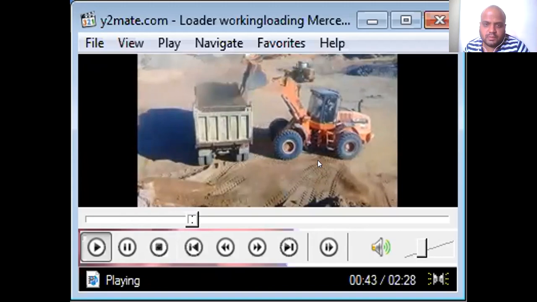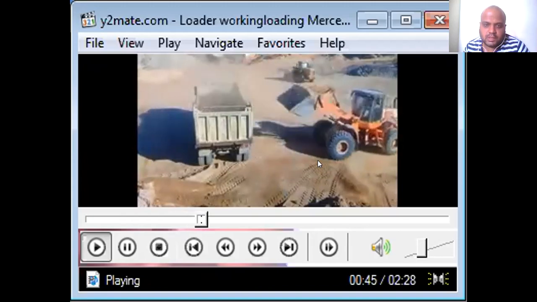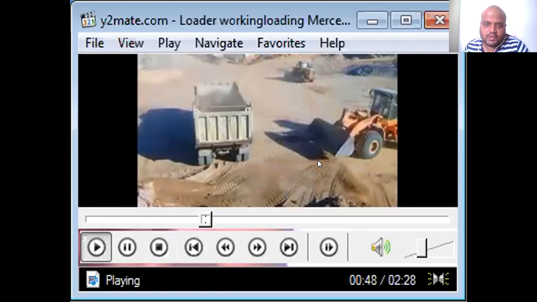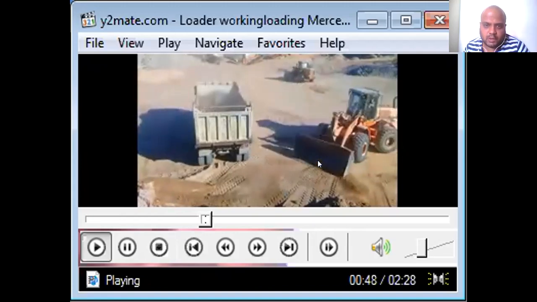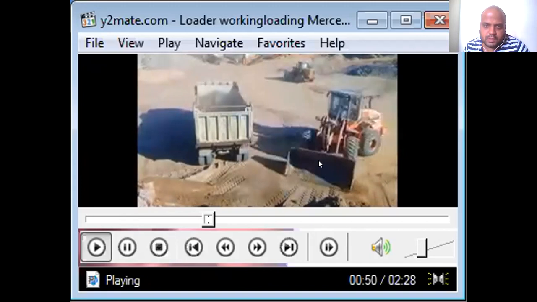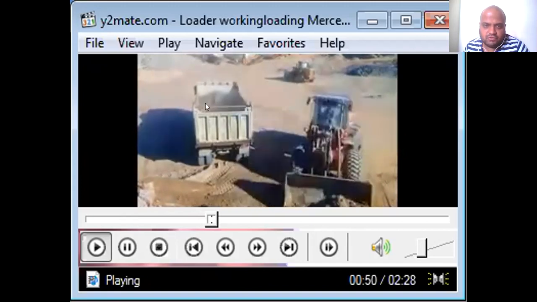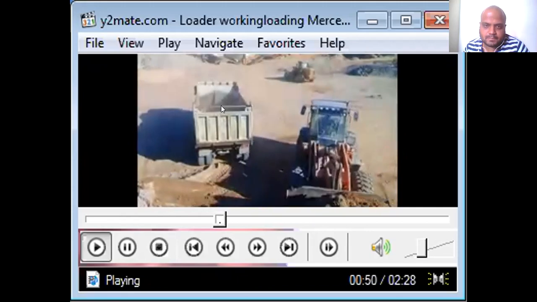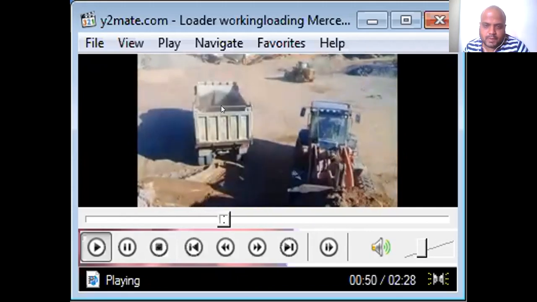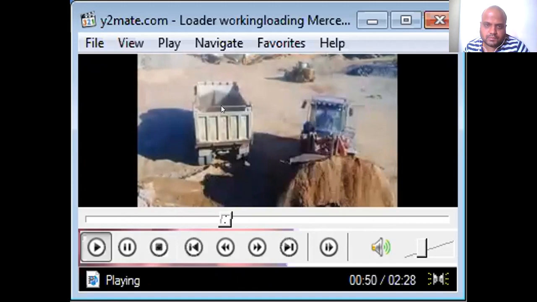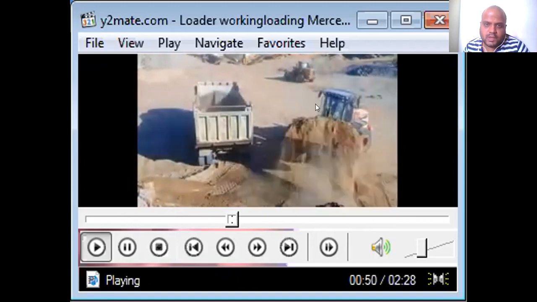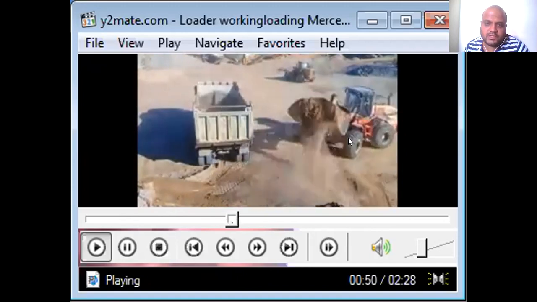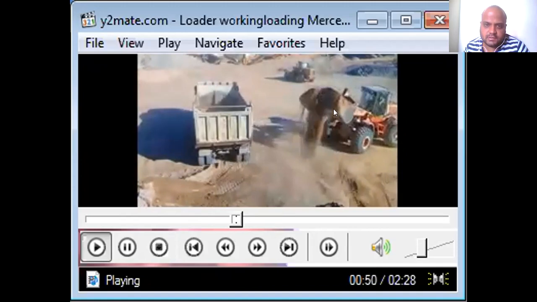Now if you could make a count here, the loader has loaded the dumper with one bucket now. The dumper is not full. So one cycle of the loader is over. This is the second cycle now.